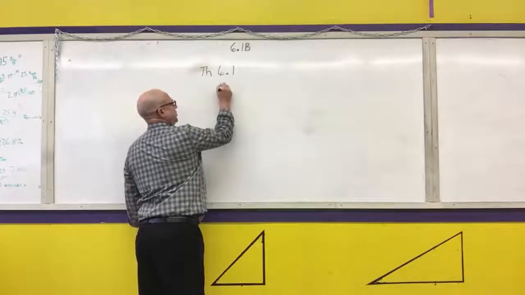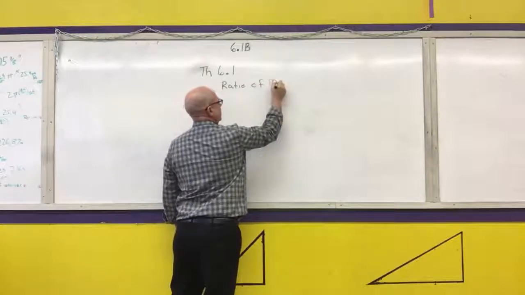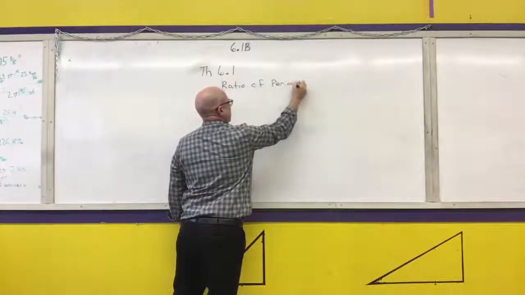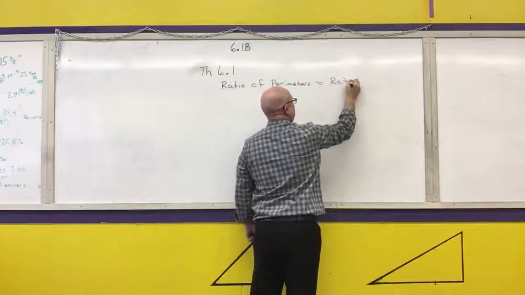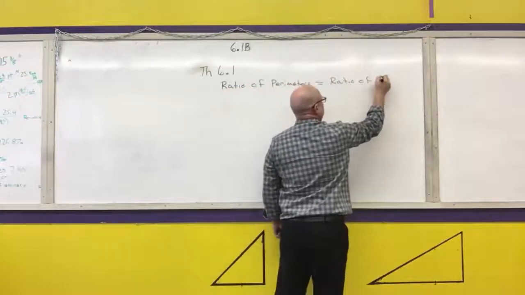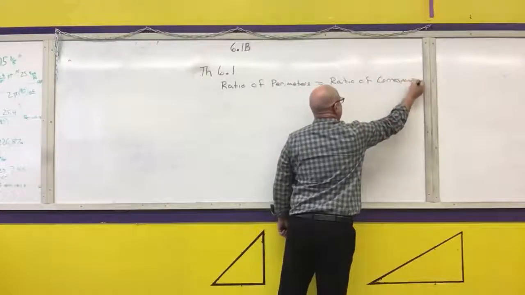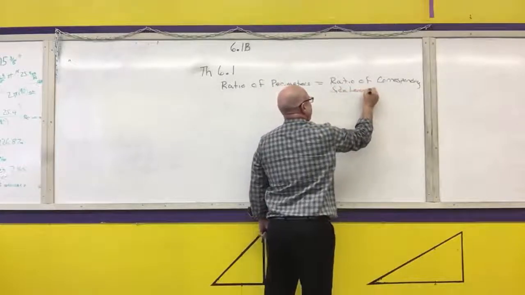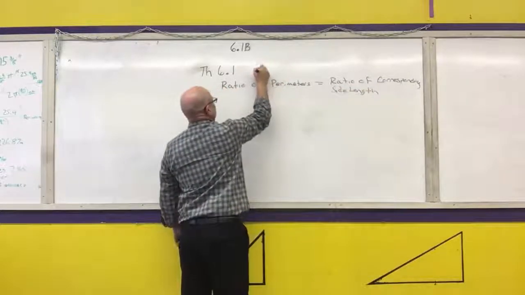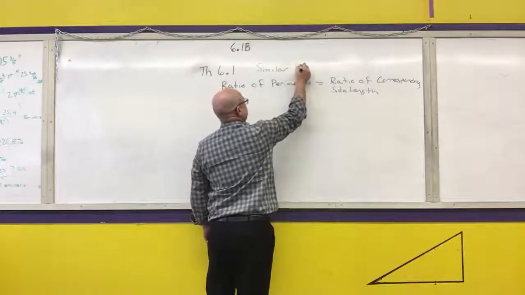So it says ratio of perimeters is equal to the ratio of corresponding side lengths. And this is only good for similar polygons.